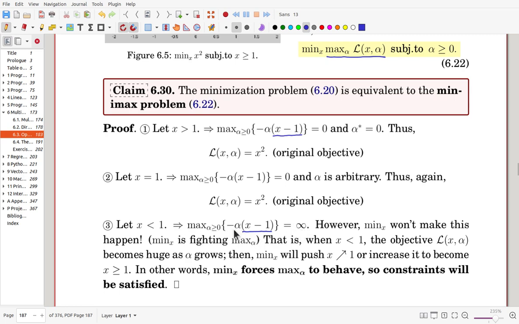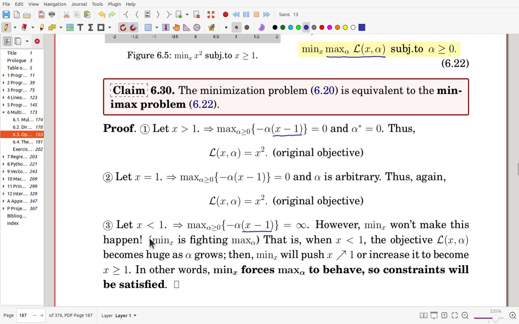We can choose alpha very large, so it becomes infinity. However, in front of this maximum operation, we have the minimum operation over x, so that minimum will not make this happen.